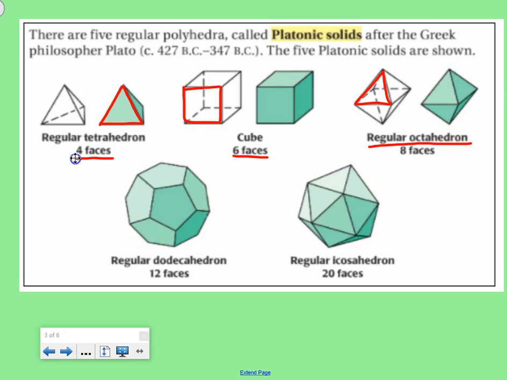A regular dodecahedron, which has 12 faces made up of pentagons. And a regular icosahedron, which is made up of 20 congruent triangles. So those are the 5 regular polyhedra.